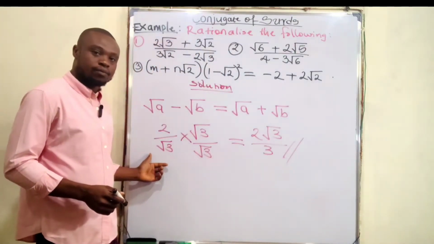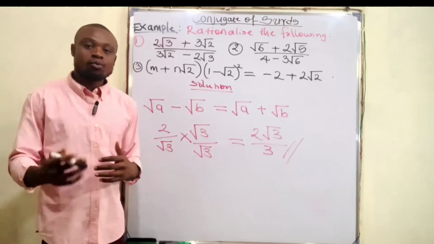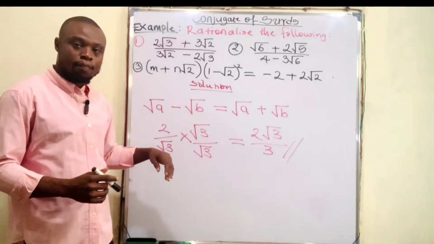Finally, this is the rationalization of this surd. Okay, having explained this, I want to start with the first example.